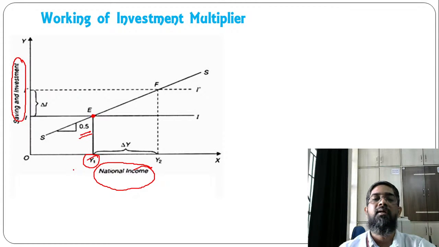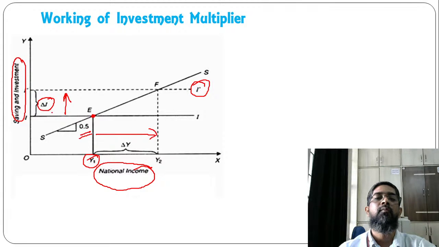of income. If there is increase in investment from I to I dash, right, this delta I, this increase in investment will result into increase in income and will be K times of income. Now you can see here, value of K will be 1 upon MPS. So value of MPS 0.5, so the value will be 2.